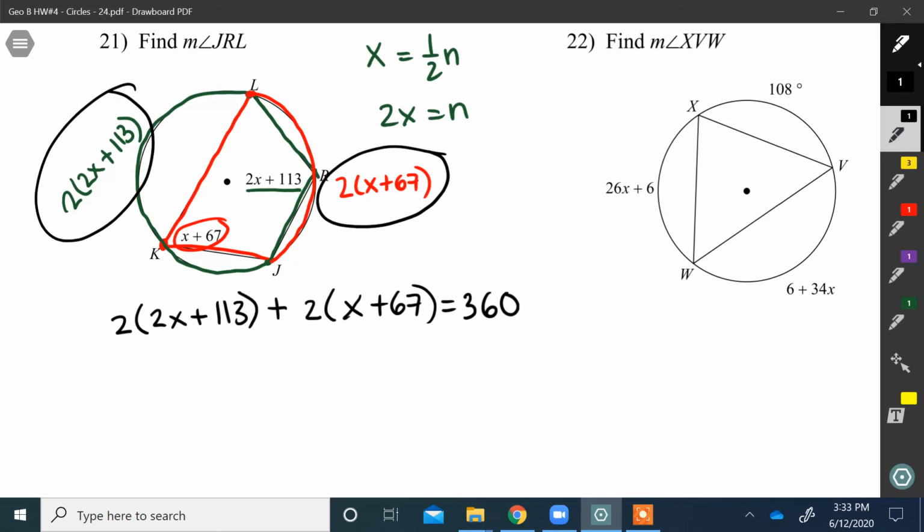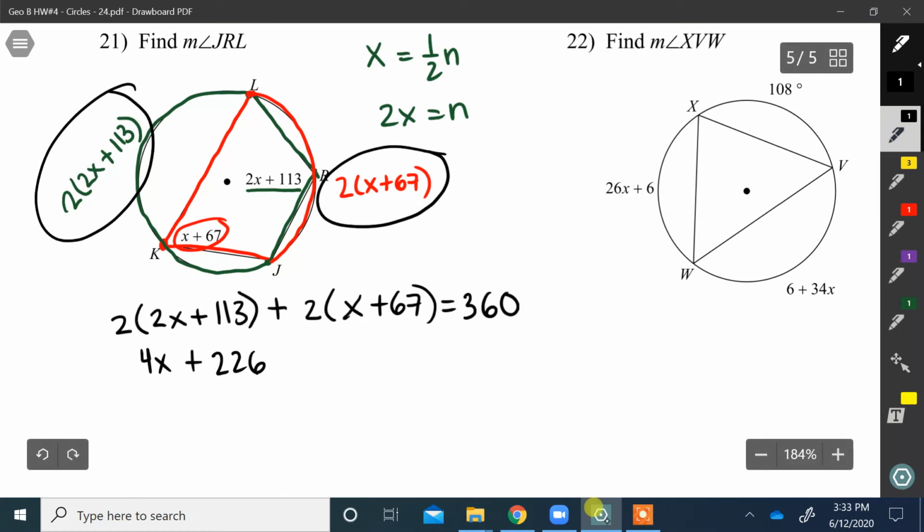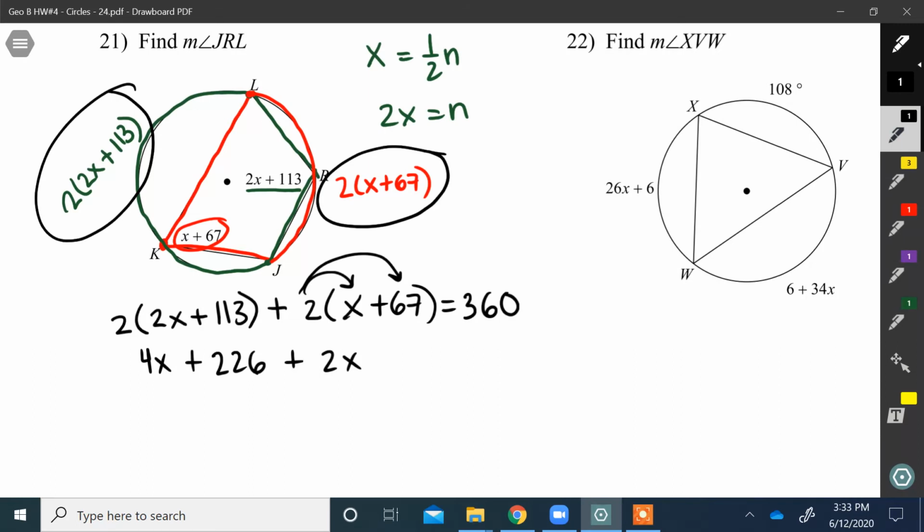So now let's go ahead and distribute those 2's. We got 4x plus 226. Then we're going to distribute that 2 as well. Then we got 2 times 67, and we get 134.